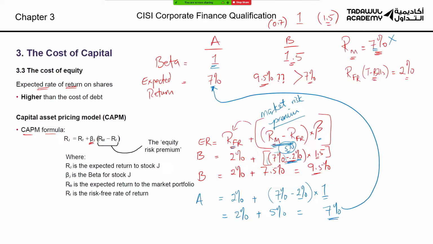No need to deduct it again. If you do, you'll get the wrong expected return, which might be in one of the choices because CISI is going to expect you to make that mistake. Even when you're given the market risk premium, which is already the result of this bracket, some student might, after getting the 5%, deduct again minus 2, and that's wrong. So the cost of equity of stock A is 7%, and the cost of equity of stock B is 9.5%.